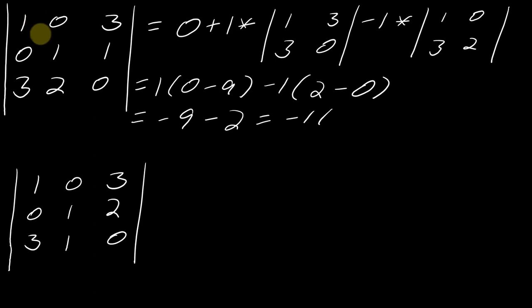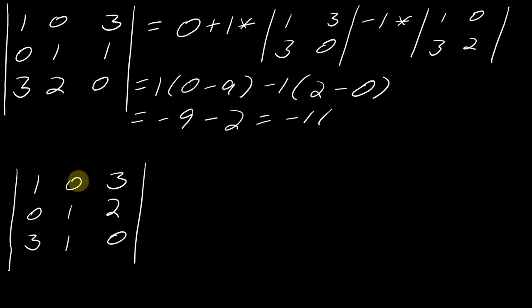I want you to appreciate what I did. I took this row and now I made it the column. I took this row and now I made it the column, and then I took this row and I made it the new column. So we're going to calculate the new determinant in this case. I can still expand along this column, so that's what I'm going to do.